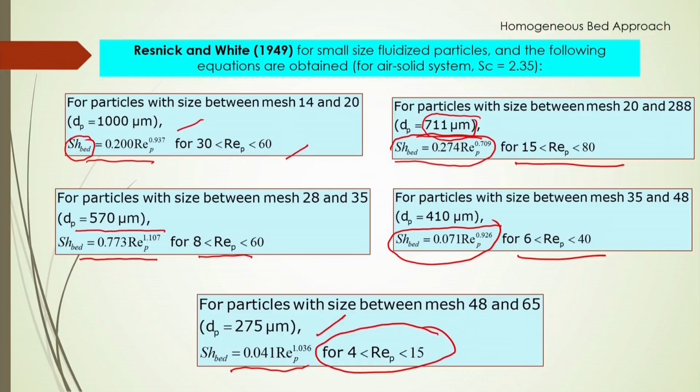That functionality can be analyzed from your experimental data by the least square method, or you can say the multiple linear regression method, to develop this type of correlation.